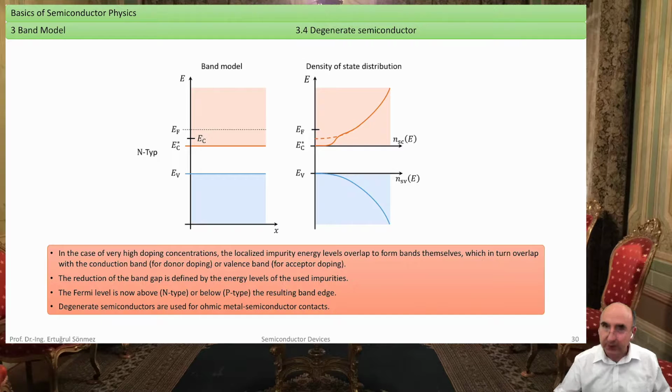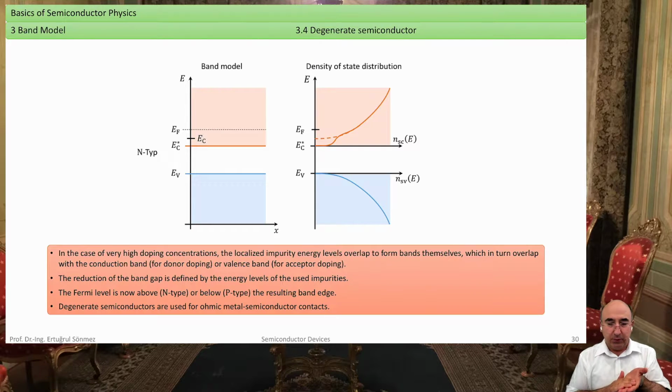This behavior is called diode behavior. It is a Schottky diode. So if you just place a metal on a doped semiconductor, you get a Schottky diode.